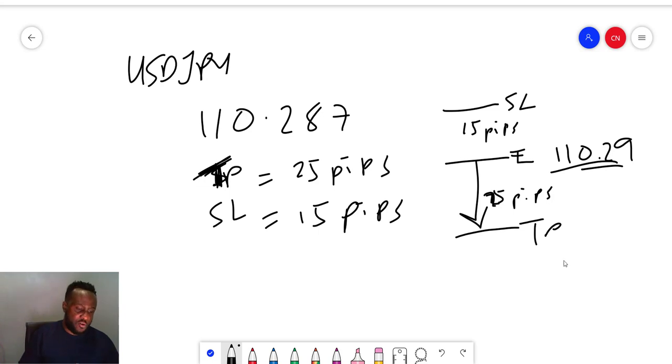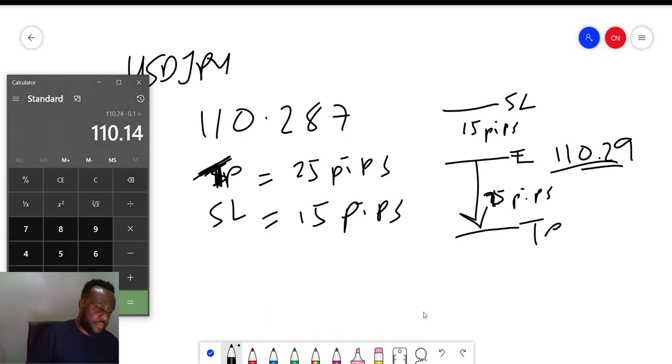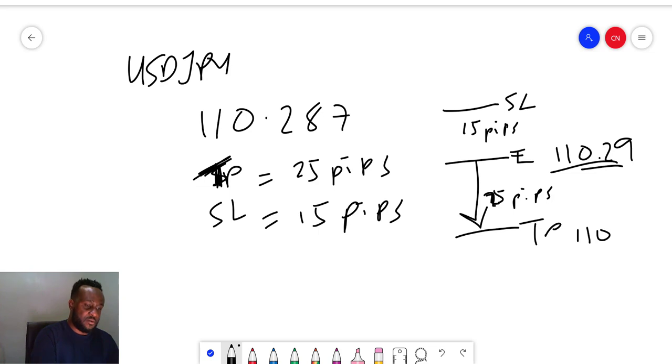So again, I will grab my calculator to do that work without cracking my brain too much. Okay, so 110.29 minus 25 pips for a JPY pair: 0.25 is 25 pips. So if I enter now, my TP price will be 110.04.